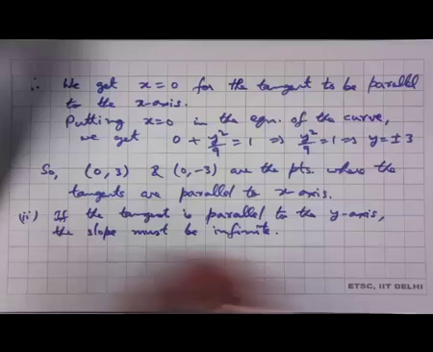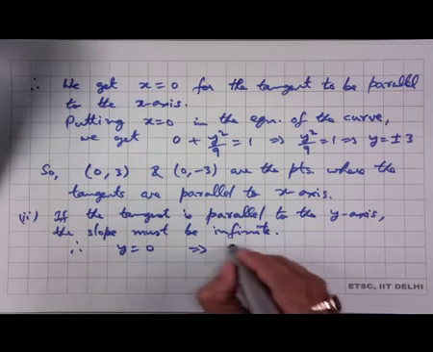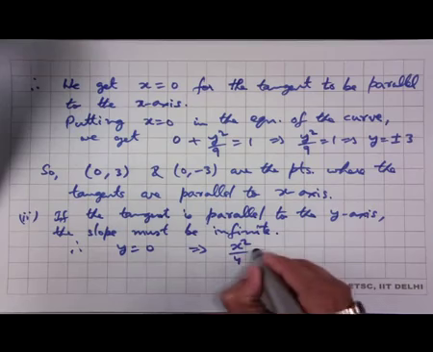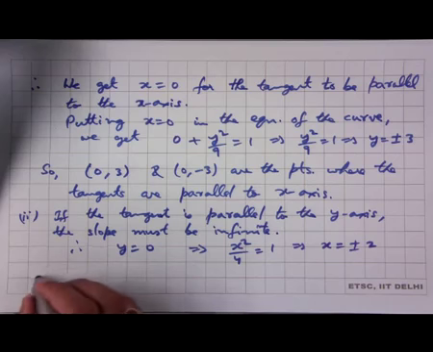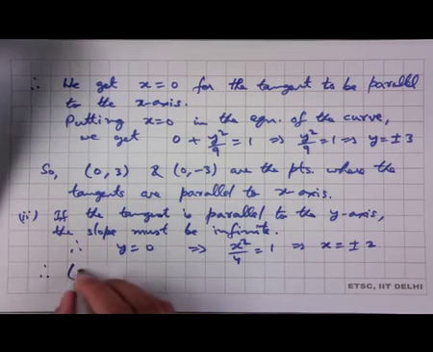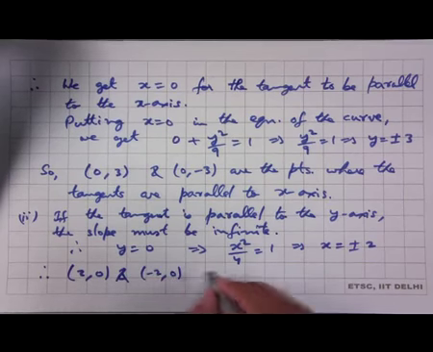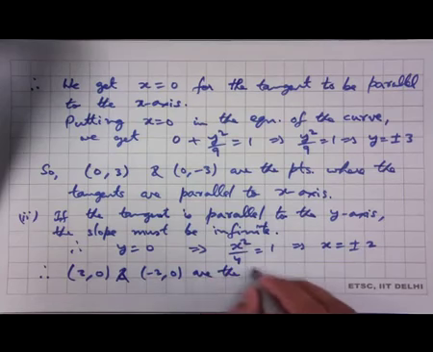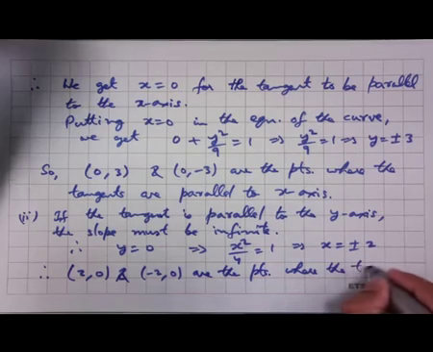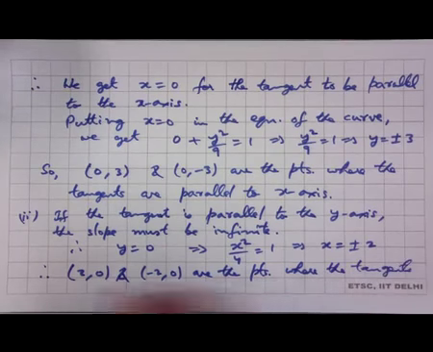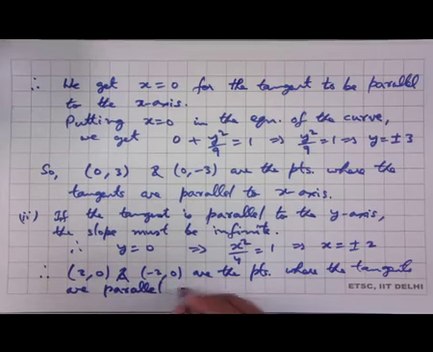So, therefore, y is equal to 0, which will imply x square by 4 is equal to 1. So, x is equal to plus minus 2. Therefore, 2 comma 0 and minus 2 comma 0 are the points where the tangents are parallel to the y axis.